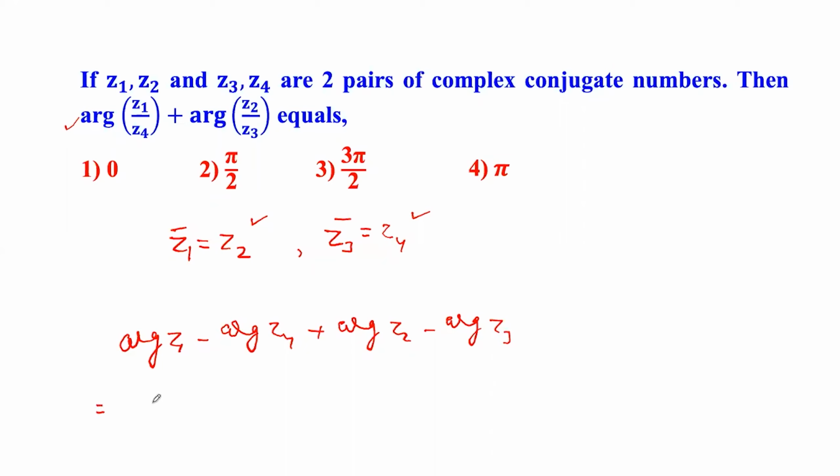And by formula, we know that these two, Z1 and Z2, are conjugates of each other, right? So we can apply the formula as arg of Z1 minus arg of Z4, which is Z3 bar, plus arg of Z2, which is Z1 bar, minus arg of Z3, right? And we have already seen the basic formula of this. This will be arg of Z1 plus arg of Z3 minus arg of Z1 minus arg of Z3, right? All cancel out, giving you the answer 0, right?